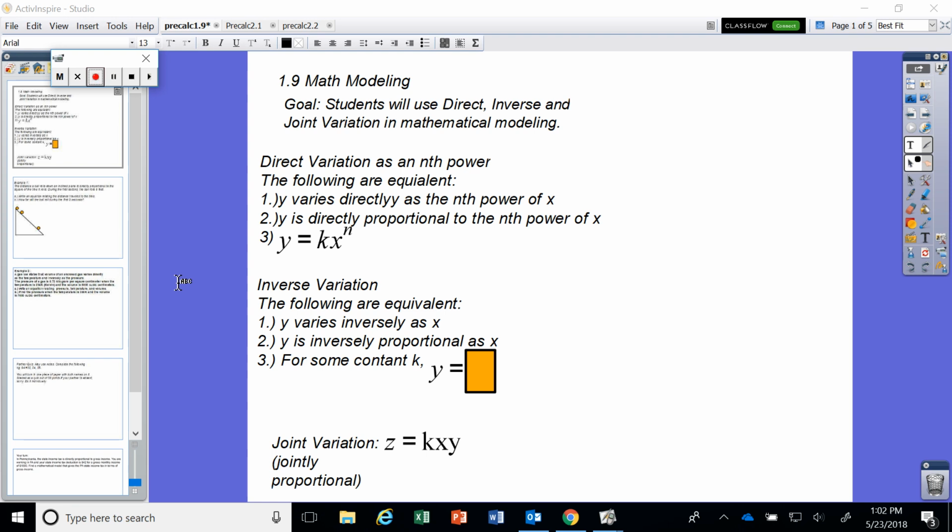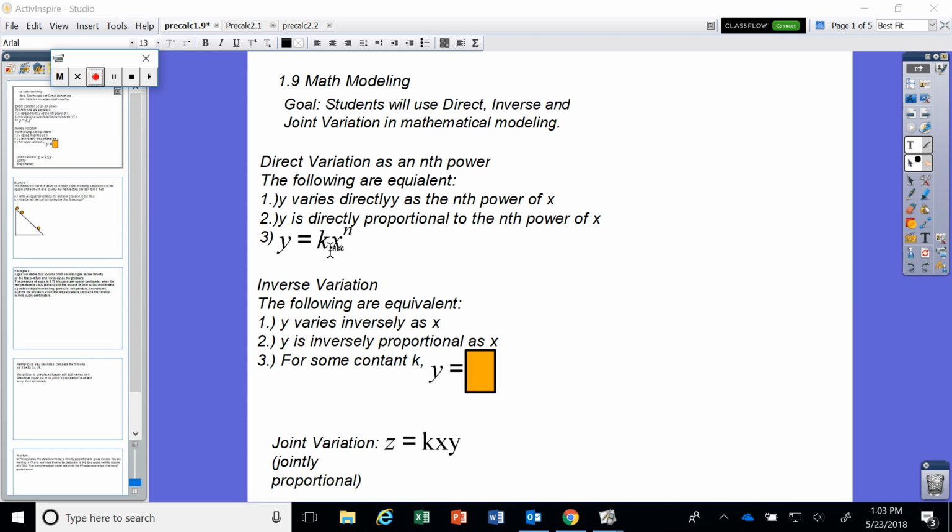Taking those two things into account, this direct proportion means that if x to the n power is our independent variable, what's changing, and y is directly proportionate to it, then y is going to be affected by a constant of variation, k in this case, being multiplied to x to the nth power.